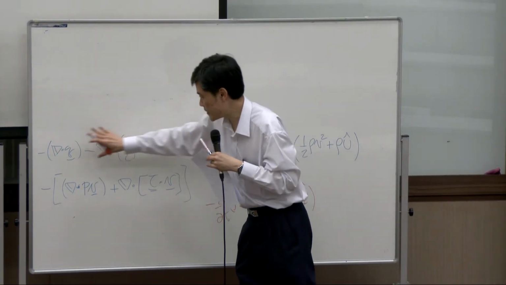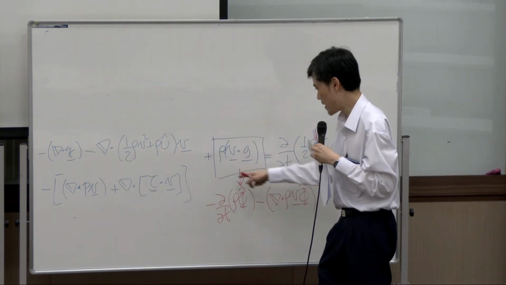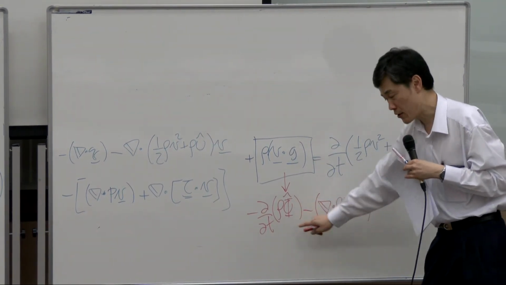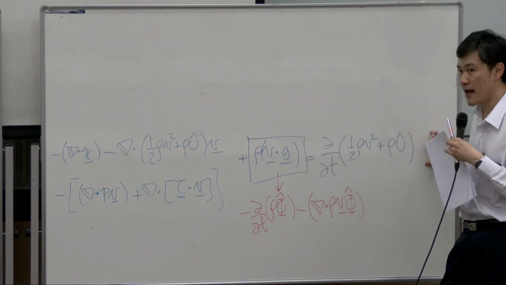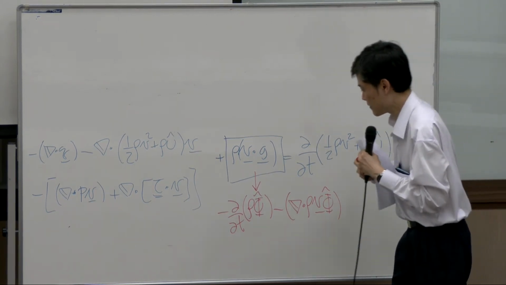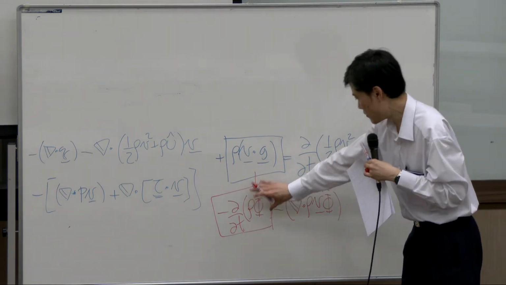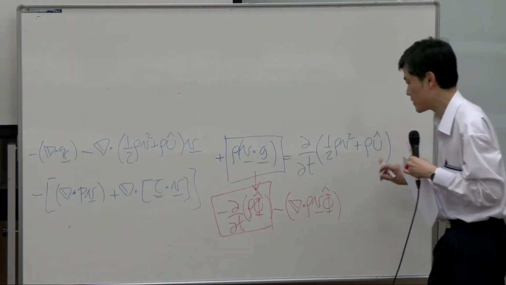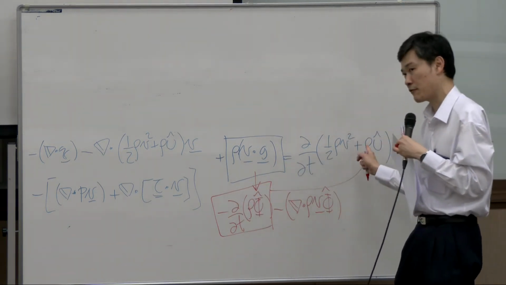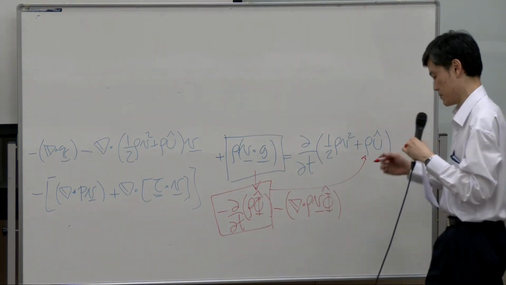On the left-hand side, this term is flux going in, net flux. This is work by external force or by gravity, which can be translated into a potential energy term. On the right-hand side, this is accumulation of energy in the system. If you look at the equation, this part is differentiation with respect to time, in the same manner as what we have on the right-hand side. So if I move it to the right-hand side, this turns to be plus, and then I can add potential energy to this term.